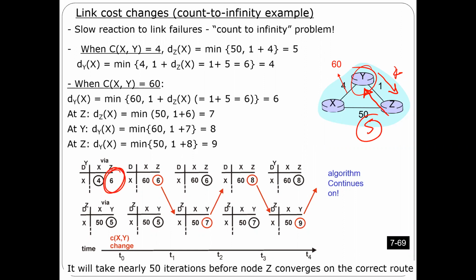And that's what happened here. So if Z finds something like that, what I advertise to Y is already going to go through Y. If I have a case like this one, I'm not going to send the cost of 5. Instead, I'm going to send the cost of infinity, so that we can avoid this. Infinity here means you should not use this path. You should not use it.